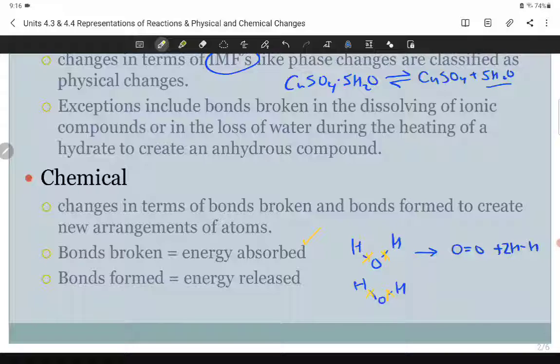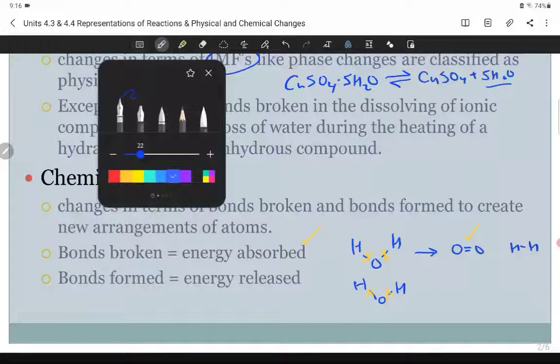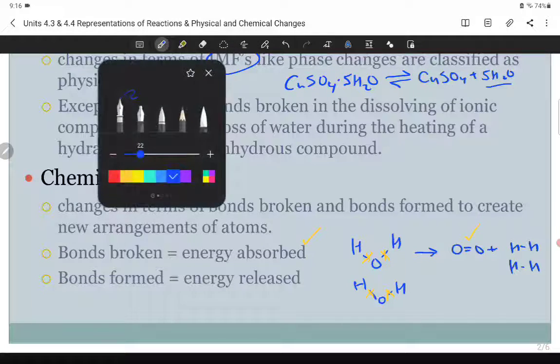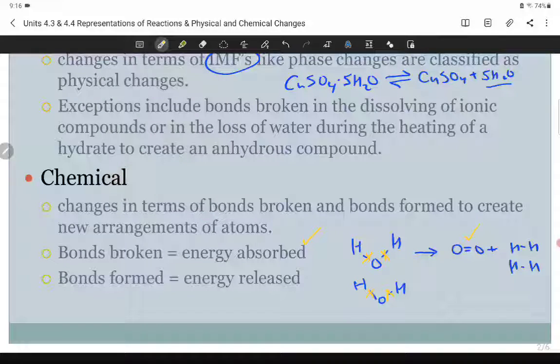So energy has to be absorbed in those processes. And then you're going to form those bonds. When you form bonds, energy is released. When you break bonds, energy is absorbed.